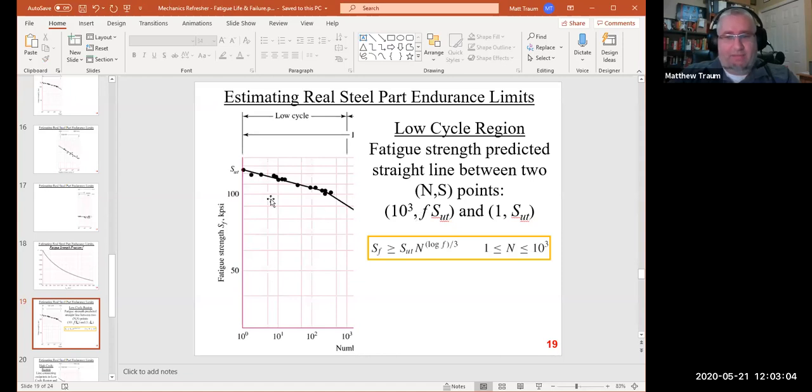So I've got now 2 points, and I just draw a line that connects them, and that's my curve. And then here's the actual equation for it, right? So the fatigue strength is going to be basically greater than the value of this, which is the equation of that line. So that's how you get that portion of the curve.